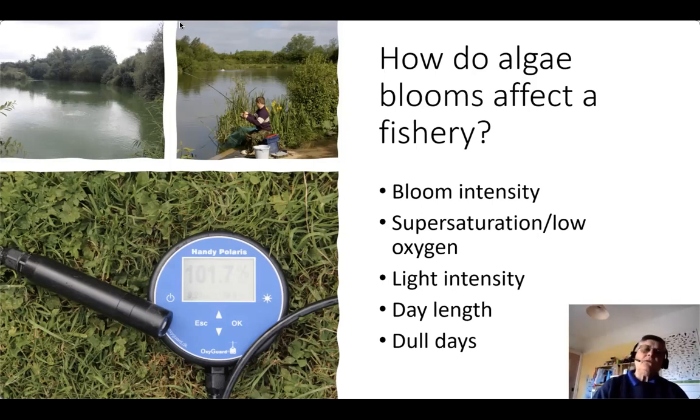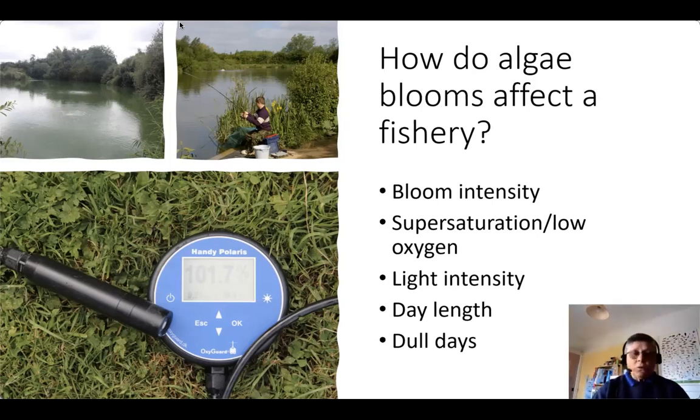Actually, we don't need to worry about the amount of oxygen in the water. 300% is the marker at which fish will start to suffer from supersaturation with oxygen. Fry will suffer probably slightly less than 300%, but certainly for any fishery, you can start to approach 300%. It's not going to cause any harm to the fish. The biggest problem is usually low oxygen as a consequence of an algae bloom.